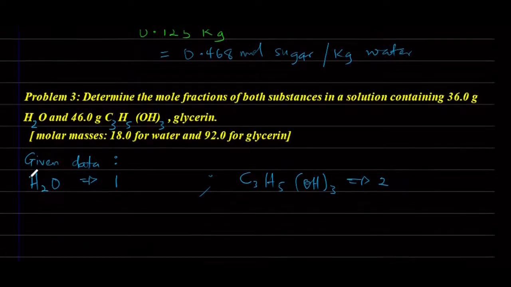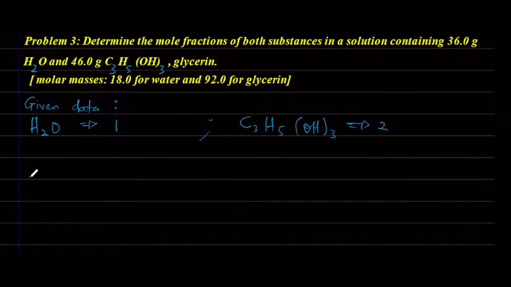Now, since the question says solve for mole fraction, let's analyze the problem. The mole fraction of a component is defined as the number of mole of that component over total number of mole. Since we have written the expression, we need to solve for the number of moles of water, and that is mass over molar mass.